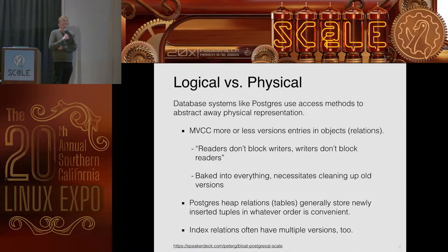So it's a purely logical approach in terms of how entries are addressed. In contrast, Postgres takes what's sometimes called a physiological approach, meaning that entries in tables have a TID, tuple ID, so it has two components.